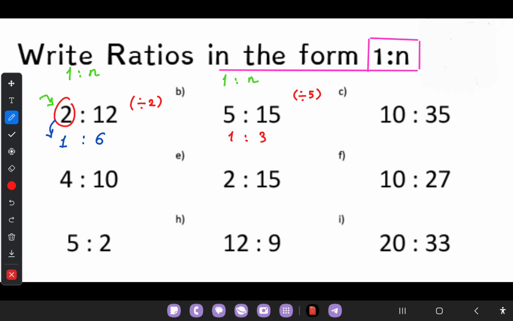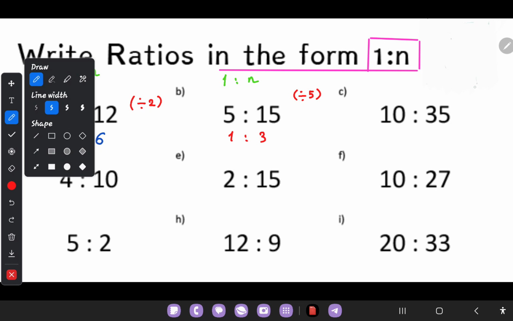The next one, letter C. 10 to 35. 10 divided by 5 would be 2 and 35 divided by 5 is 7. You could do 2 to 7.